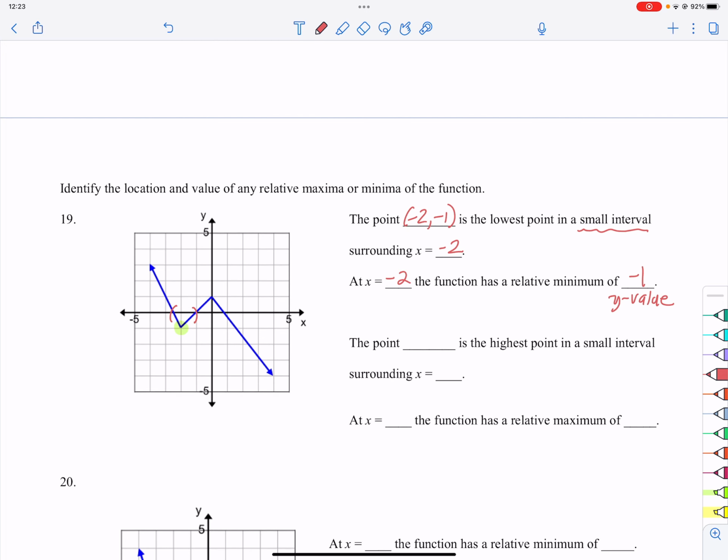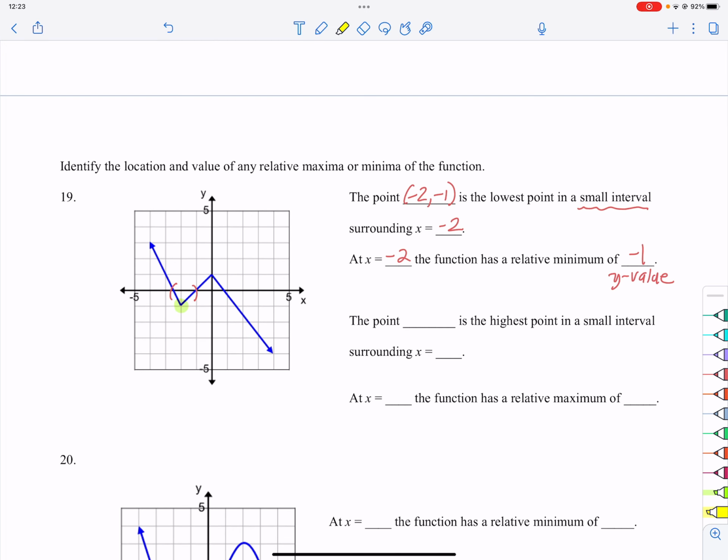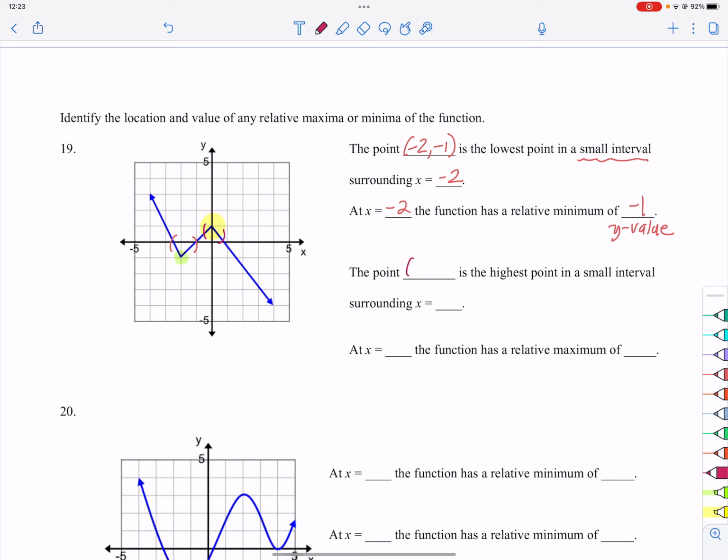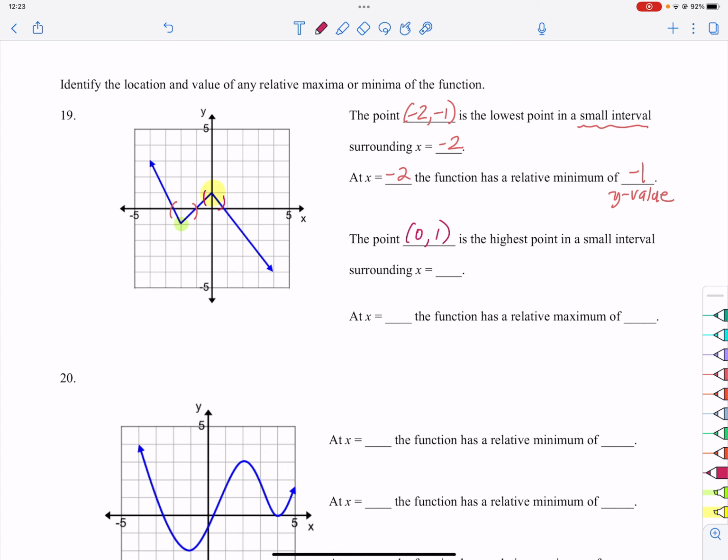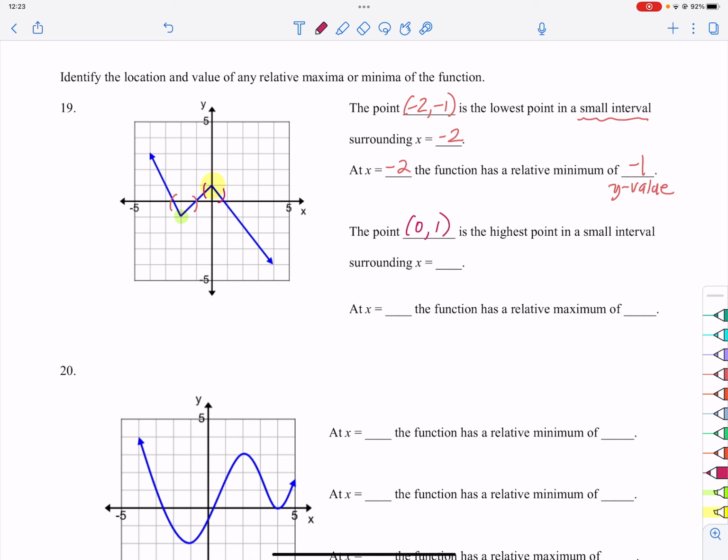Okay, let's see our next point. We have a highest point in this little area right here. So the point 0, 1 is the highest point in a small interval surrounding x equal to 0.